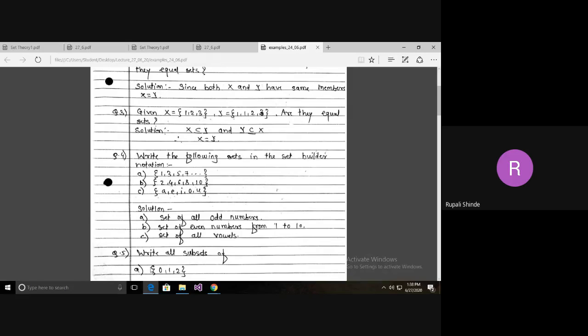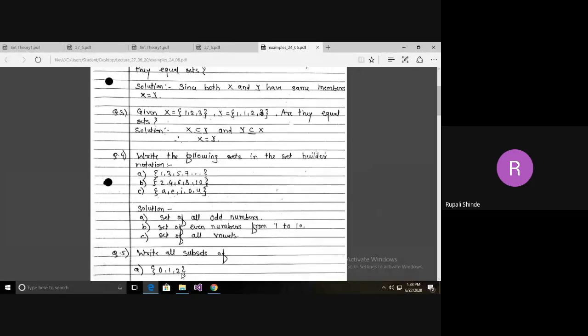Now the next question: write all the subsets of the given set. This set contains three elements: 0, 1 and 2. So here you have to find the power set of the given set.